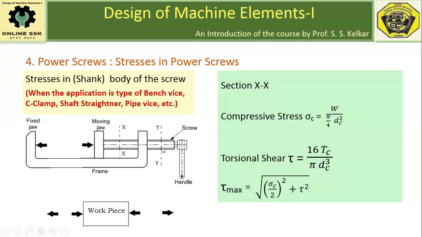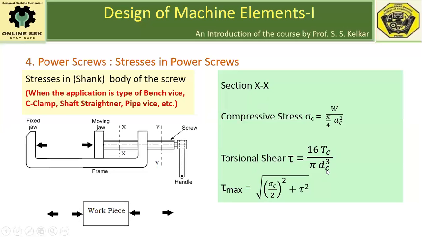So while calculating torsional shear for section XX, we have to take into account TC amount of torque. So torsional shear stress tau for section XX is equal to 16 TC upon pi dc cube.